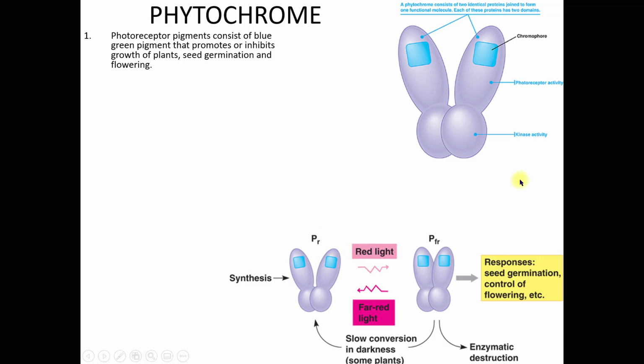Apparently this is how a phytochrome looks like. You can see it has two identical proteins that have this chromophore.